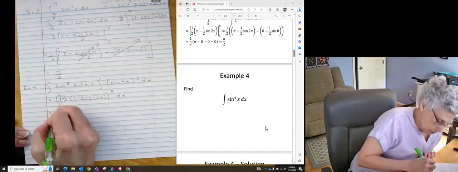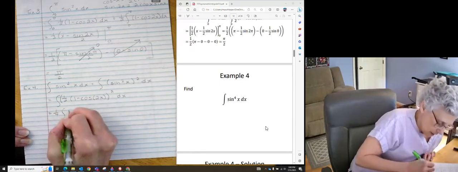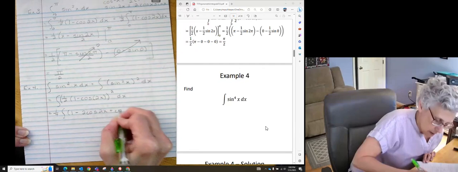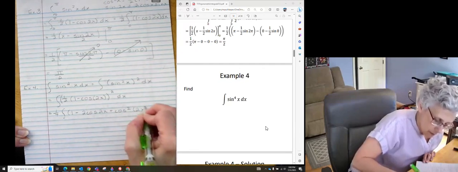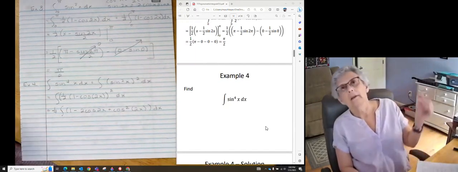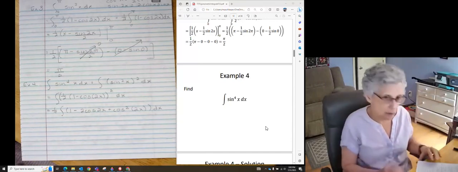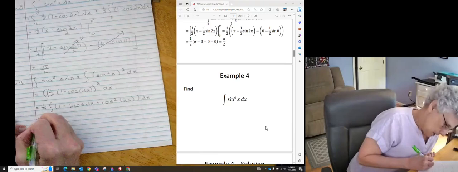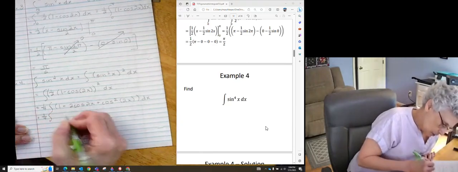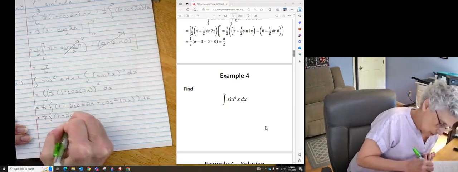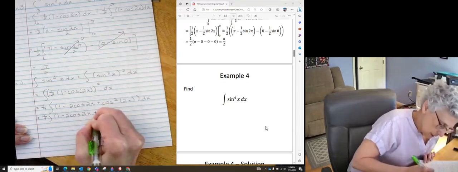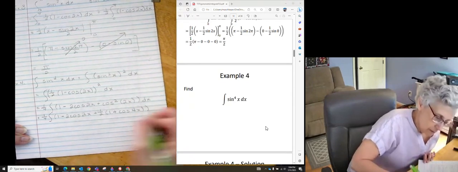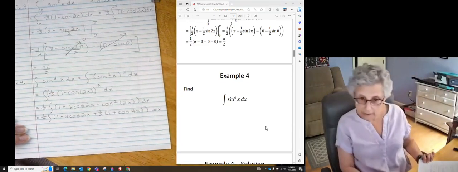1/2 squared is 1/4. I'll pull that out front. And then I have 1 minus 2 cosine of 2x plus cosine squared of 2x. Now I have another trig function with an even exponent on it. I'm glad I wrote down this other half angle formula up here. So this is 1/4 integral of 1 minus 2 cosine 2x plus 1/2 of 1 plus cosine of 4x.